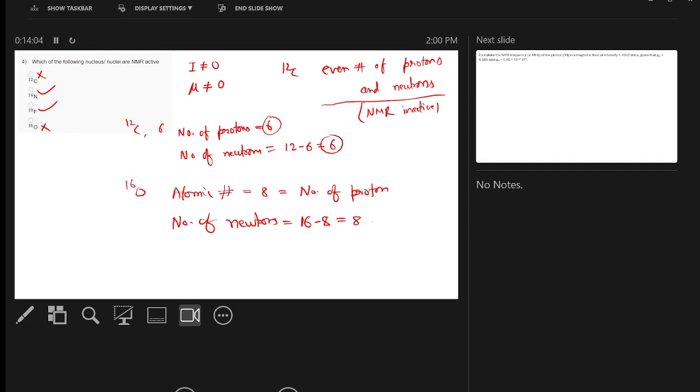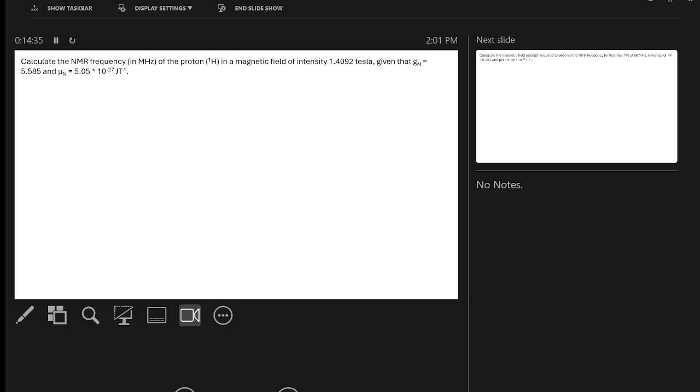Similarly, you can see for nitrogen also, 14, atomic number is equal to 7, and this is equal to the number of protons. So this is odd, you can see. So this will be NMR active, and these two will be NMR inactive. Okay. Next question.